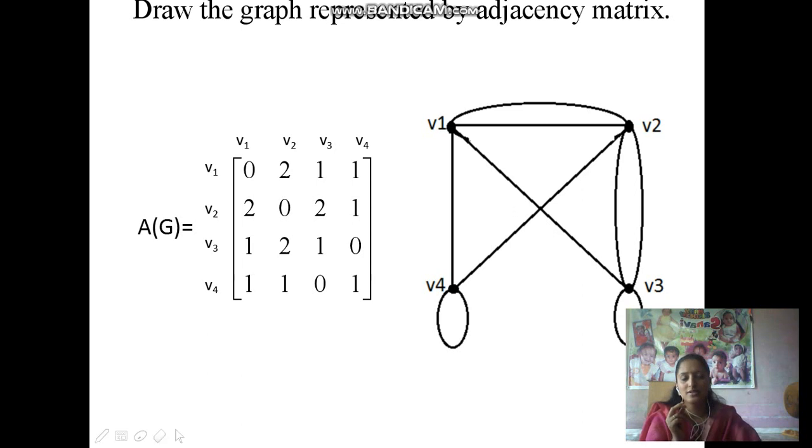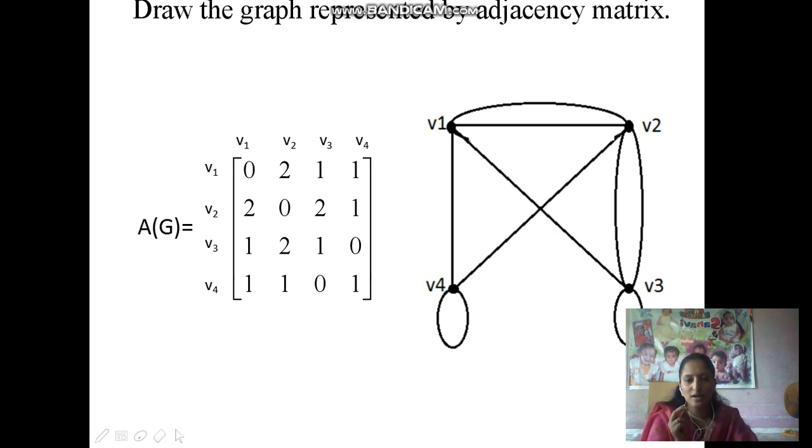Here there are four rows in that matrix and four columns, which means this matrix A of G contains four rows and four columns, so there are four vertices in that graph G. Okay, now this is our graph.